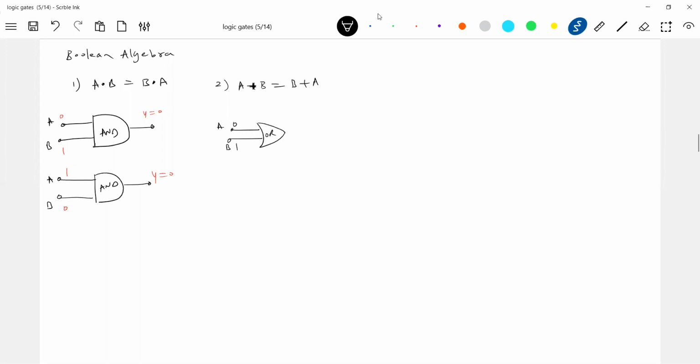Here I'll give 0, 1. What should be the output? Output should be 1, no? Then if a student changes it, he will make this 1, this 0. Then this will be 1. So what does it mean? Both are the same, Y1 equal to Y2.